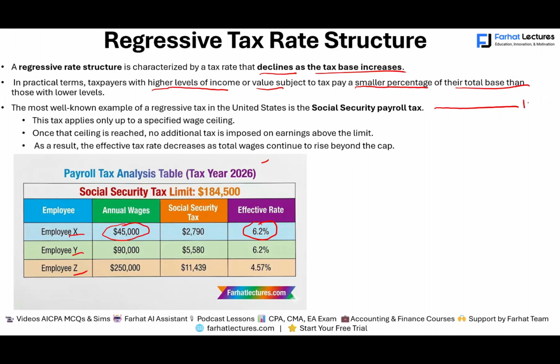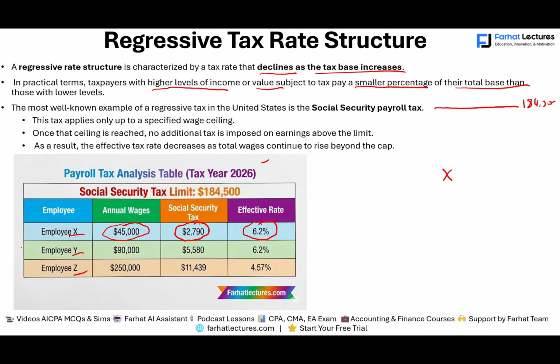So the limit is $184,500, and employee X is right here. Employee X will take the $45,000 and pay 6.2%. As a result, their Social Security tax bill is $2,790 as an employee.